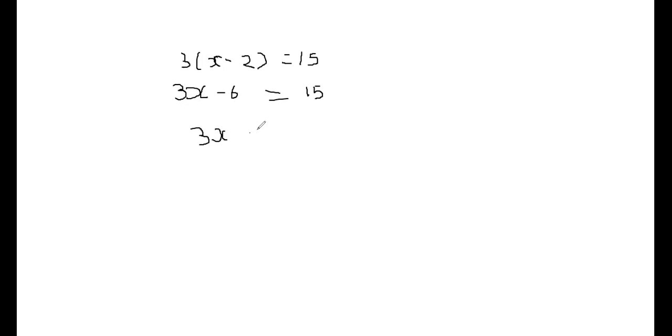So it's 15, and this 6 is what? This 6 here is subtracting. We carry it over, subtracting, it will add on this side, right? Good. So that will equal 21.